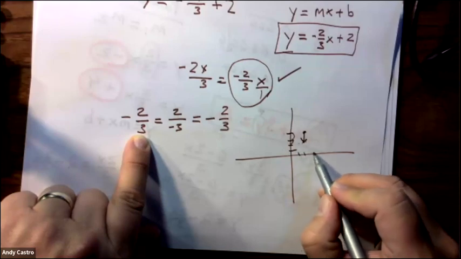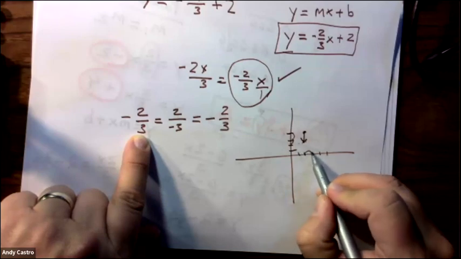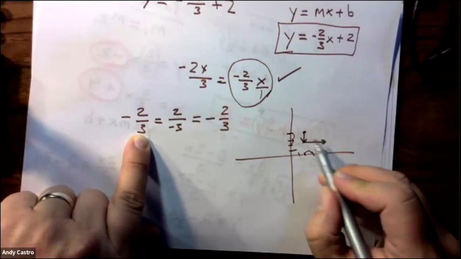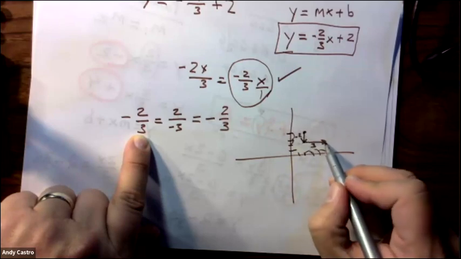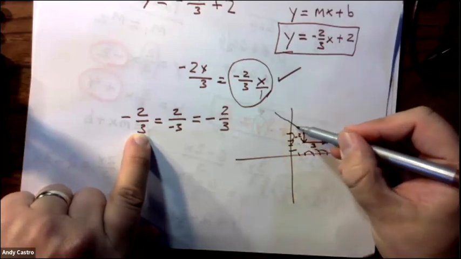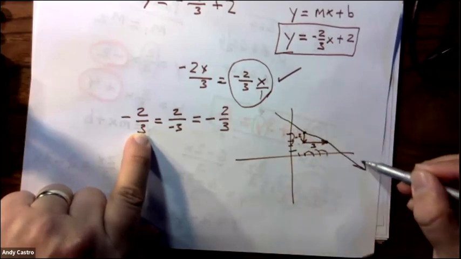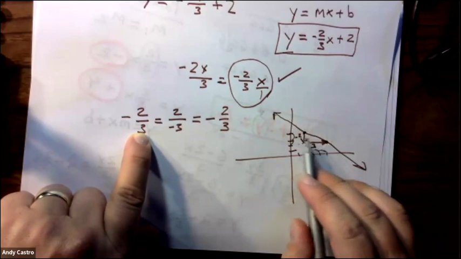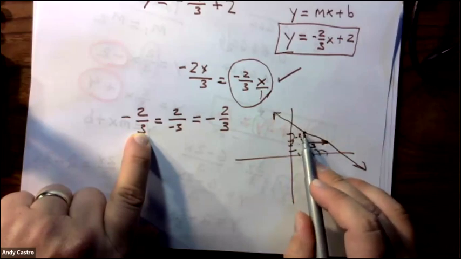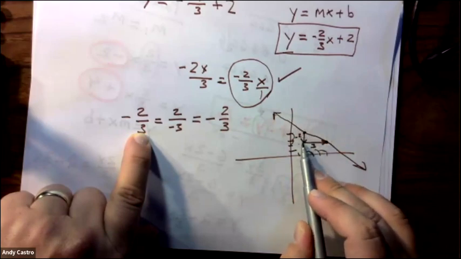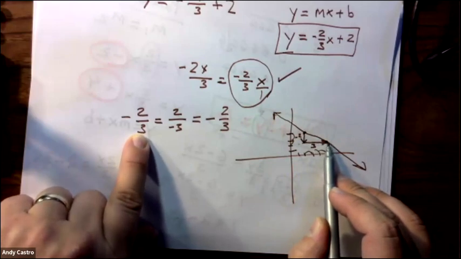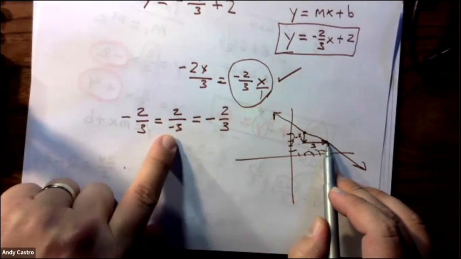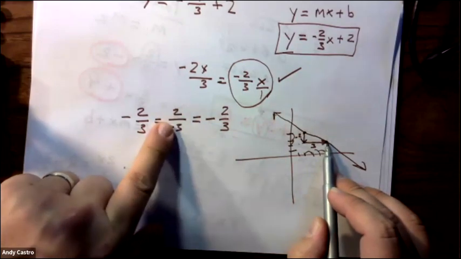All right. 1, 2, 3. So I'm going to go over 3. So I'm going down 2 over 3. Okay. This would be my line right there. All right. Here are 2 points where the rise would be -2, +3. Now, what if we did -3 and +2?